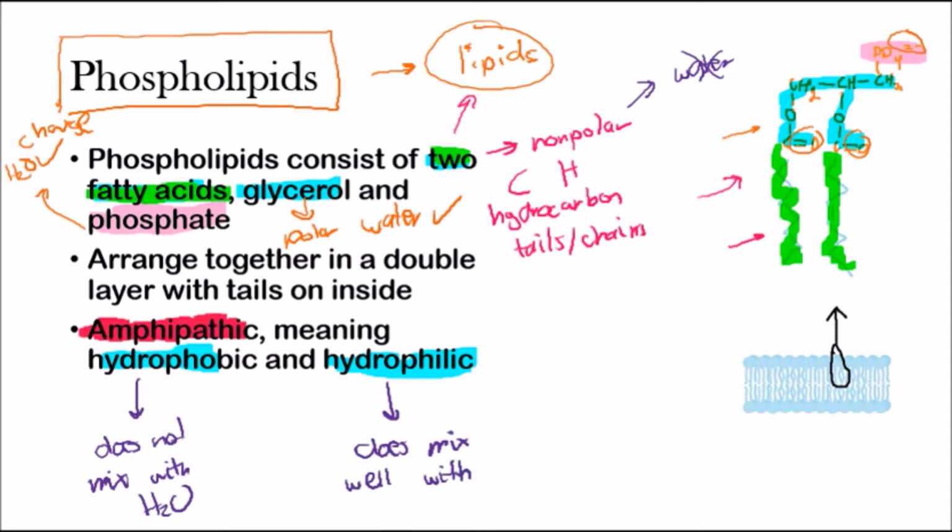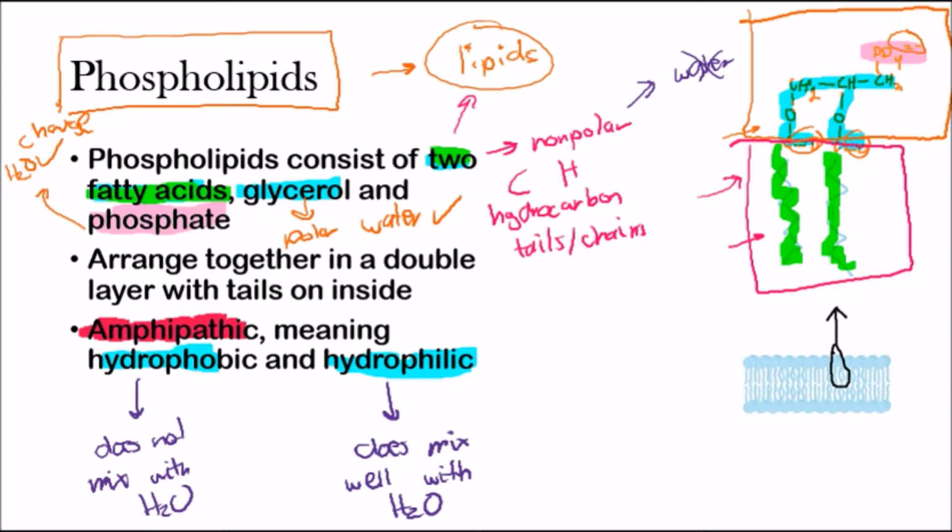So an amphipathic molecule has a hydrophobic region and a hydrophilic region. In terms of a phospholipid, we have the hydrophobic region right here with the fatty acids, and then we have the hydrophilic region right here with the glycerol and the phosphate groups.